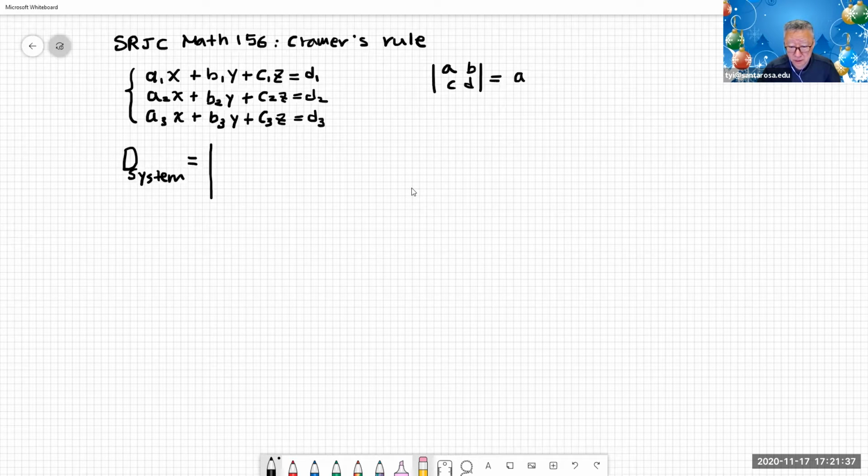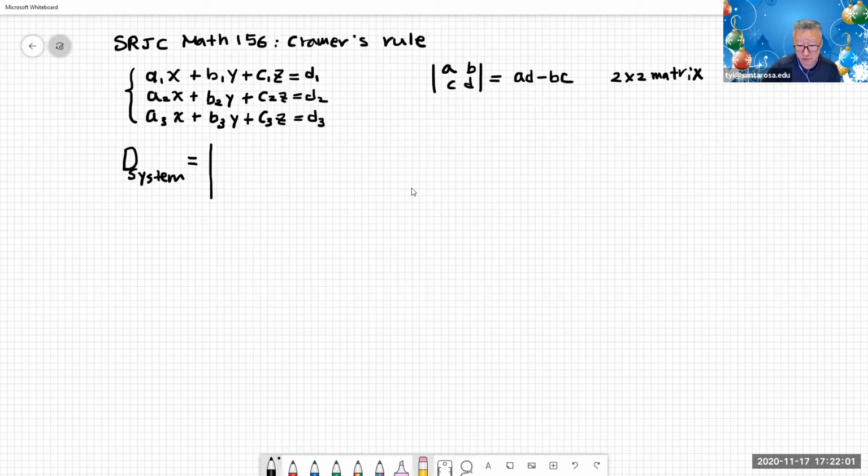That's just going to be A times D minus B times C. And that's just for the 2 by 2 matrix. Now, 3 by 3 is a little bit different here. So that's what we're going to talk about.